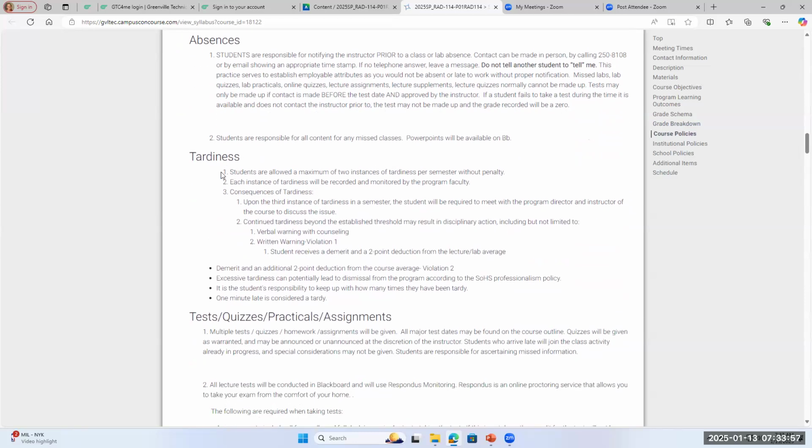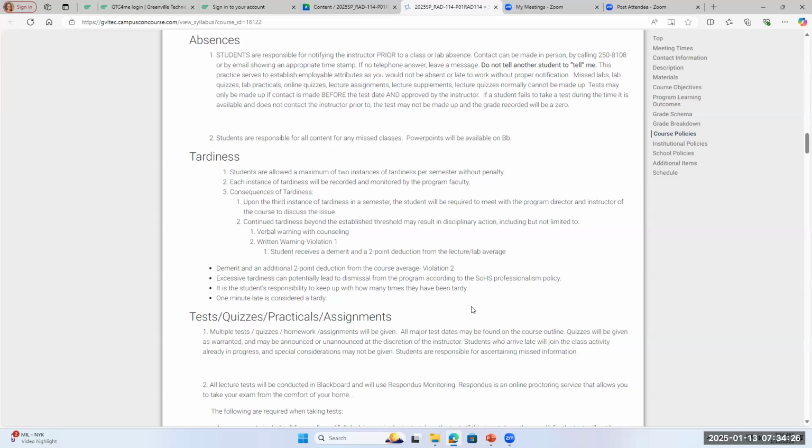The tardiness policy, I did add it into the syllabus so that you don't have to look for it. You get technically 3 free lates. On that third late, all we're going to do is tell you, okay, you've been late 3 times, and then you will begin to lose points off of your grade.